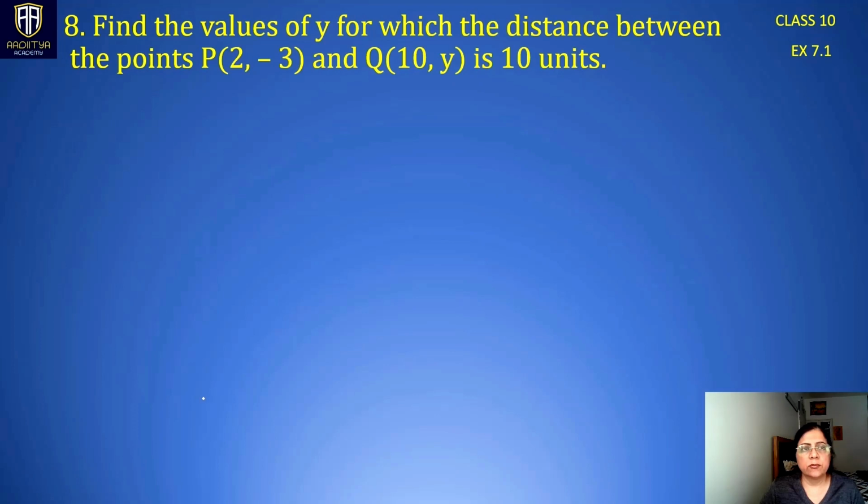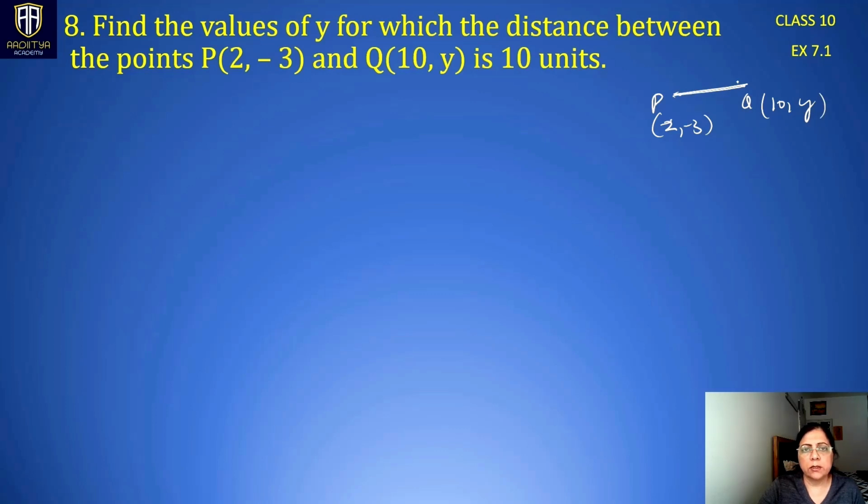Next question is, find the values of y for which the distance between the points P and Q is 10. Okay, so see, P is 2 comma minus 3, and Q is 10 comma y.